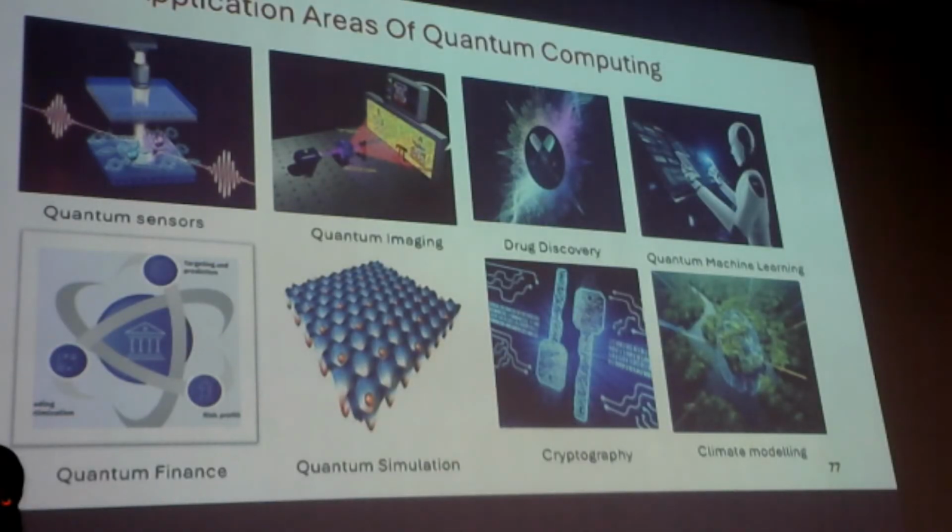Then quantum finance, as I said, portfolio, risks, where we are using a lot of quantum algorithms, quantum simulations, and cryptography. And also, interestingly, they are using quantum computing for environment and sustainability, in climate models, and looking at soil samples, the study of that.